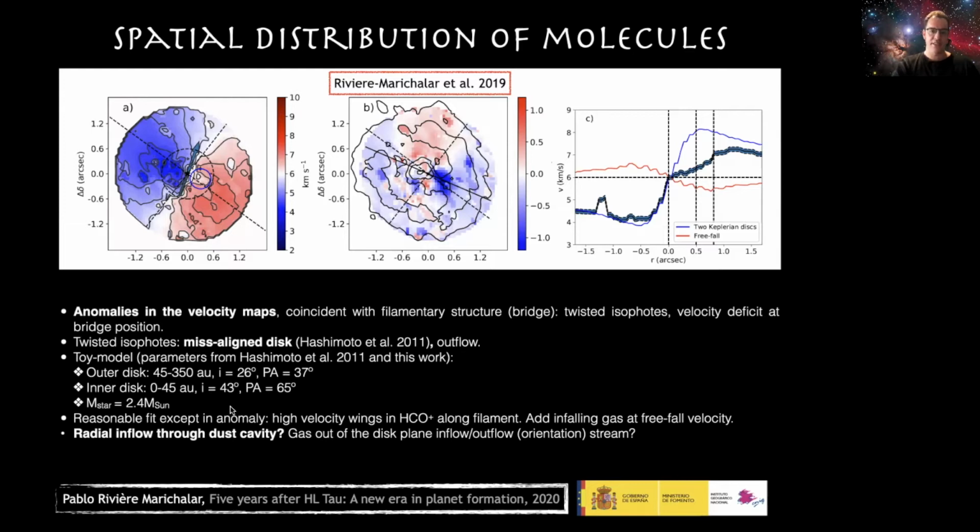And those disks were surrounding a 2.4 solar masses star. With this, we created the velocity map, and we subtracted the velocity map from our moment one map. And you can see the result of this subtraction in this figure.